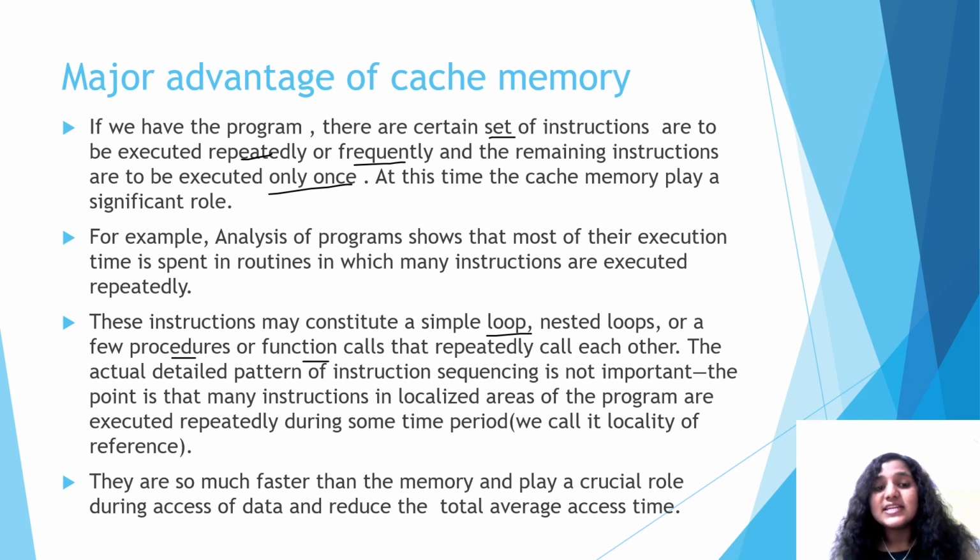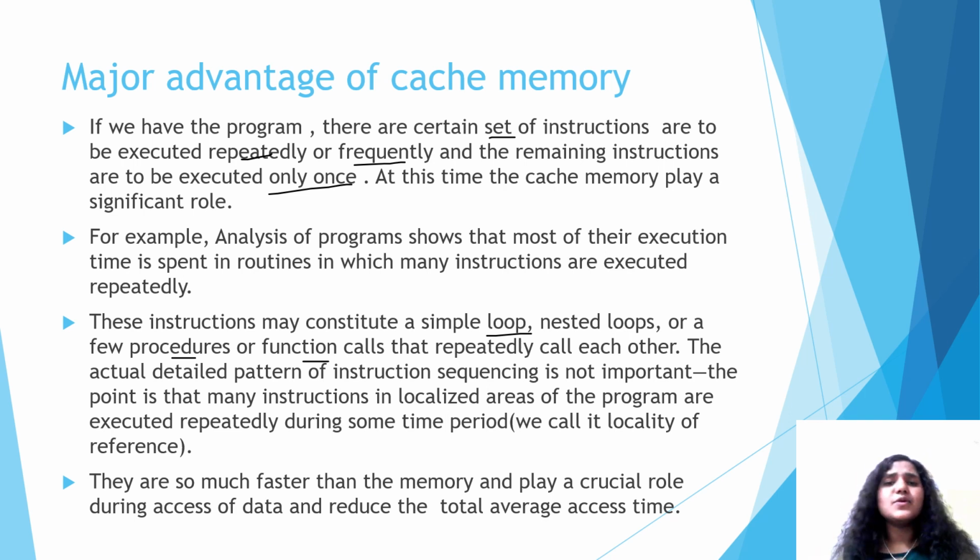The actual detailed pattern of instruction sequencing is not important. The point is that many instructions in localized areas of the program are executed repeatedly during some time period. We call it locality of reference. Cache memories are much faster than the main memory and play a crucial role during the access of data, reducing the total average access time.